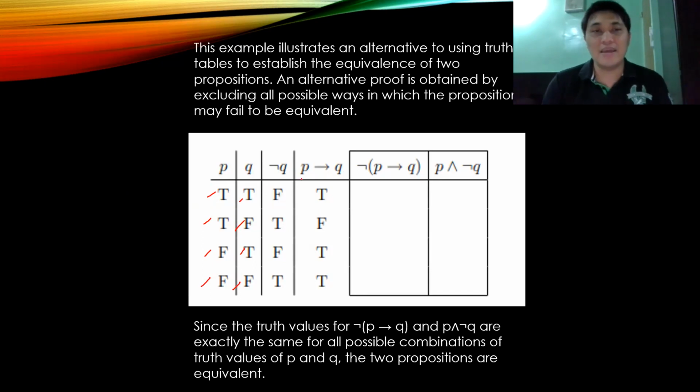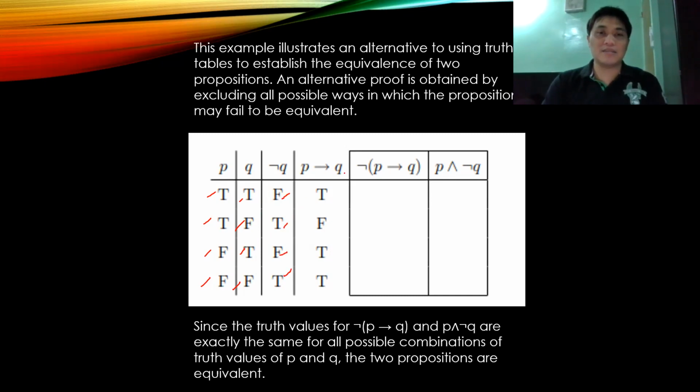So let us negate Q. The negation of Q will be false, true, false, true. If true, the negation is false. If false, the negation will be true.